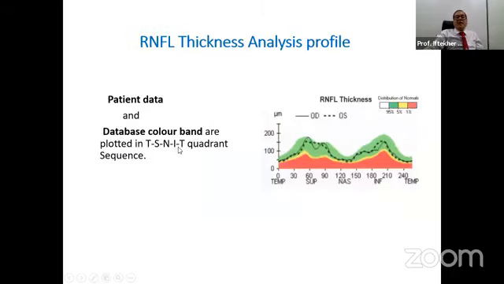Now the retinal nerve fiber layer analysis profile. In this profile, we see the patient data compared with the normative database, expressed in banded form in quadrantic sequence: temporal, superior, nasal, inferior, temporal quadrant. This is the graph.